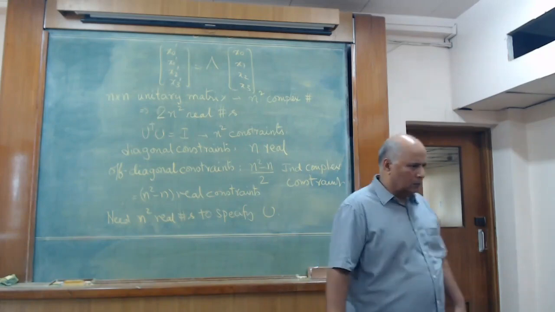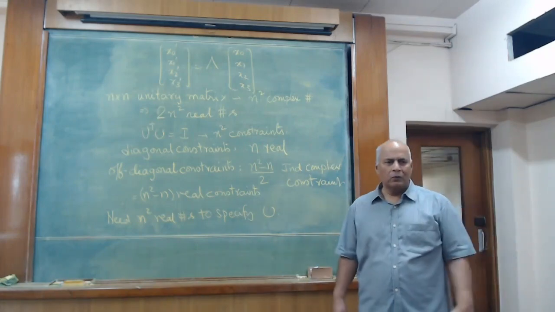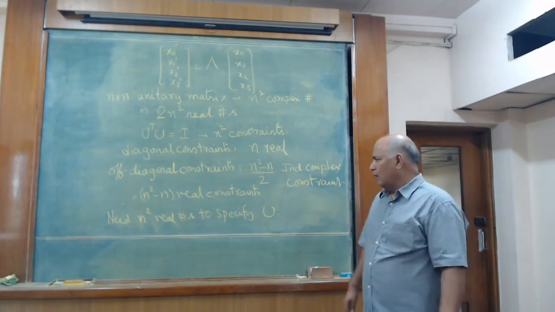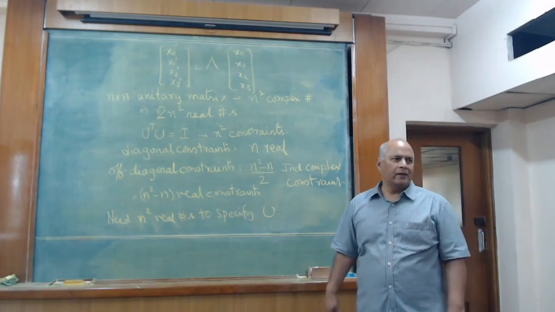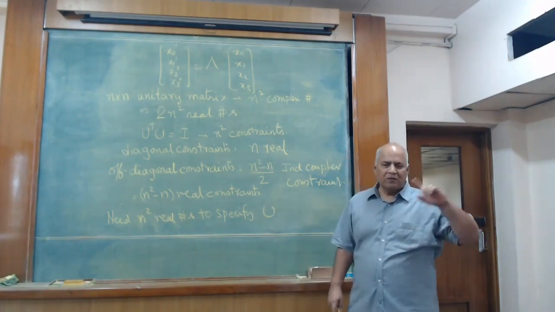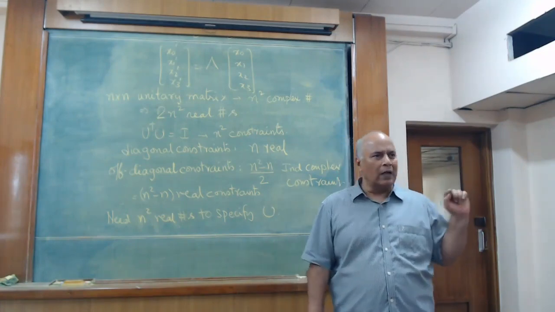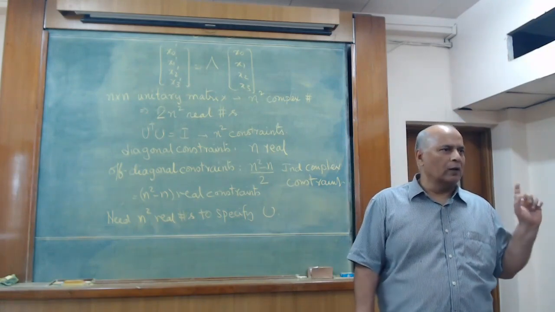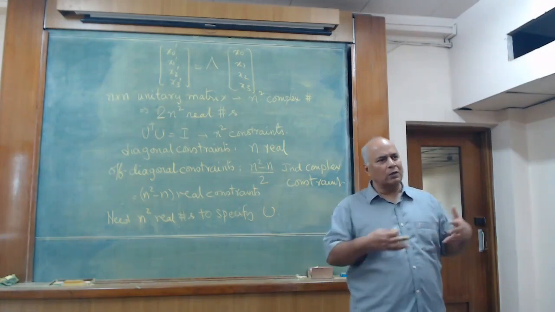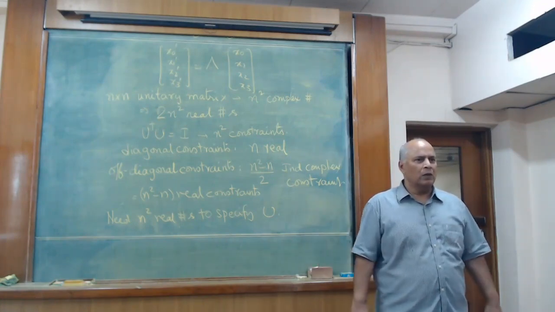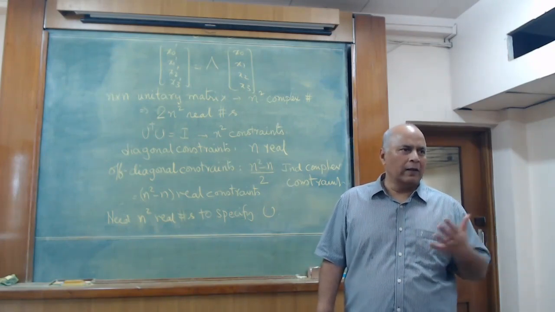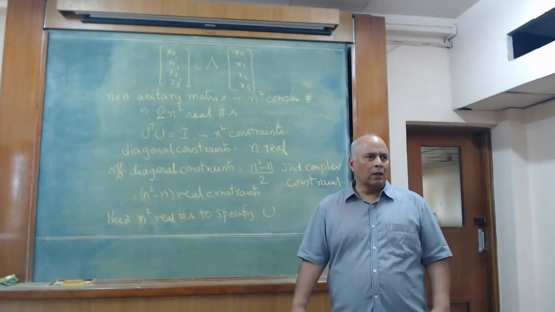By the way, in physics, we really love what are called special unitary matrices, where we have an additional constraint that determinant of U is 1. So, to specify an SU(n) matrix, I need only n squared minus 1. So, when n equal to 2, I need 3. Those are the 3 Pauli matrices. And when n equal to 3, I need 8, which are the Gell-Mann matrices in quark model.